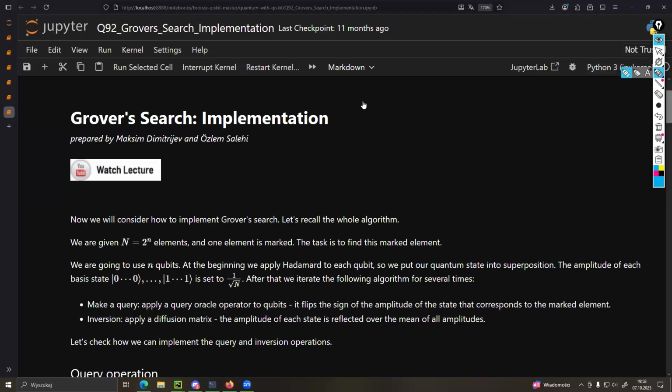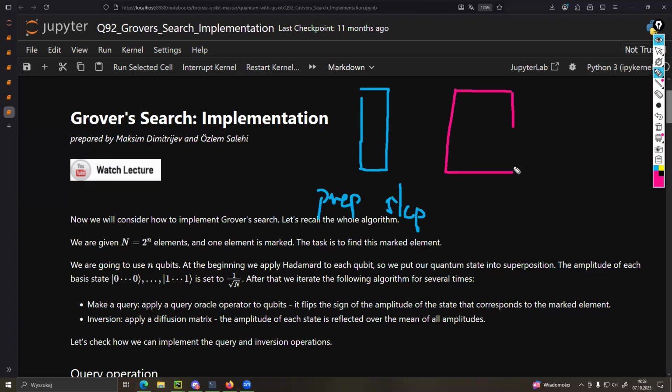So first, the prep step, then the query. This will be our Q, or we could say oracle or whatever.